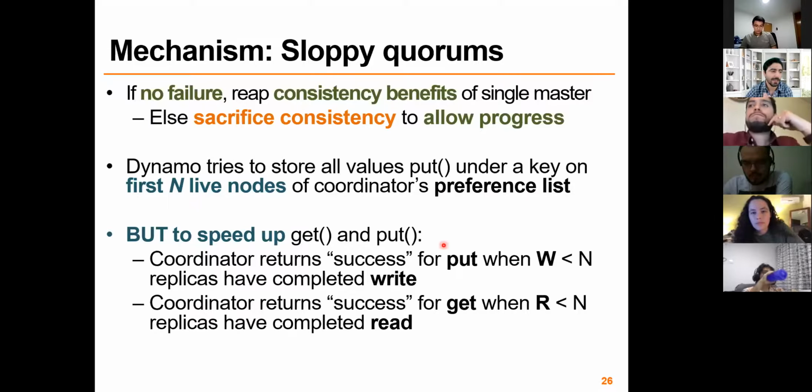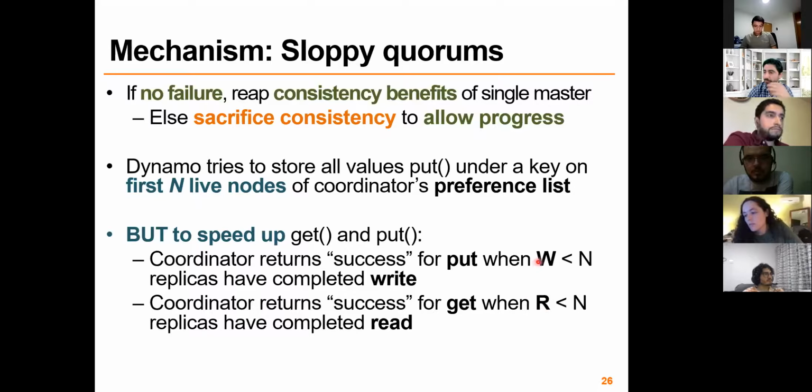But to speed things up, they mentioned that coordinators return success for a put or write operation when W is smaller than N. The recommended value the paper discusses is either three replicas, or 2 and 2, which means you want to be able to write to 2 replicas and read from 2 replicas before confirming the operation.